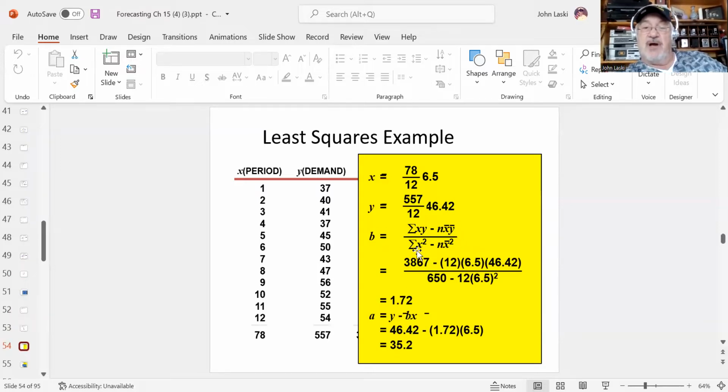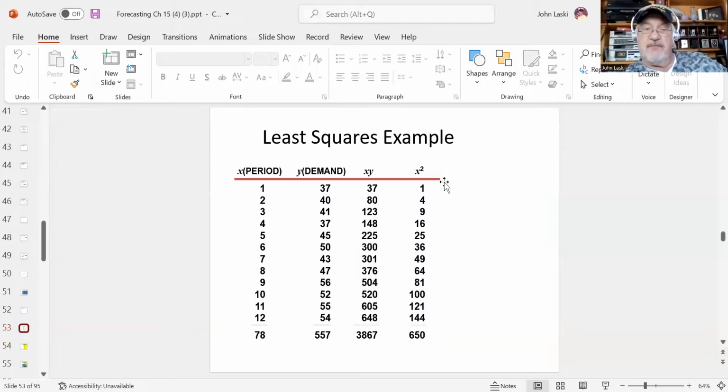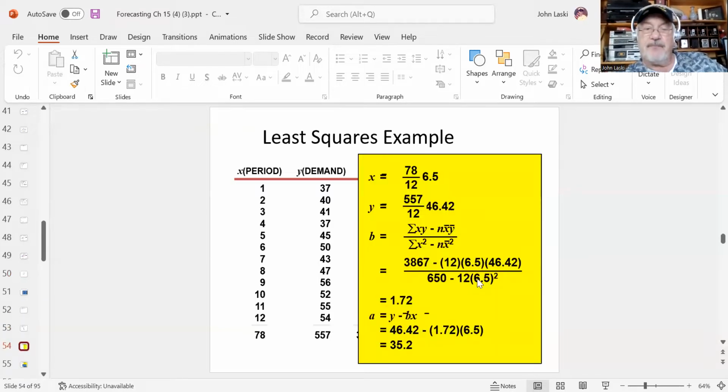All of that divided by the sum of the x squareds. Sum of the x squareds is 650 minus n, which we already know is 12, x bar squared, x bar 6.5, and then square it. Once again, in the words of Robert De Niro, do the math: beta equals 1.72. So that's our slope of the line, 1.72.